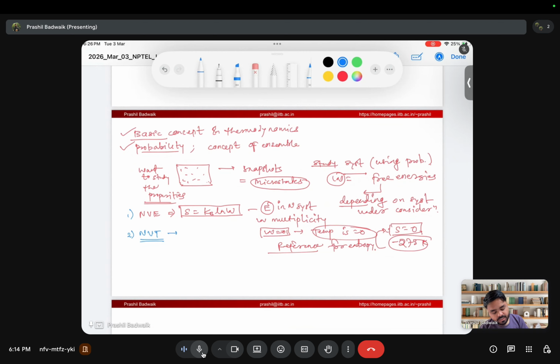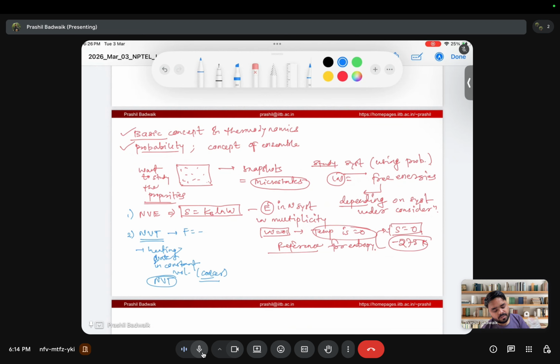For NVT, we know it is Helmholtz free energy, right? Where the volume of the system is constant. Consider a system where I am heating water in constant volume. So how do you imagine this? For example, a pressure cooker. Here volume is constant, right? Number of molecules are not changing. So this is my NVT system, right?